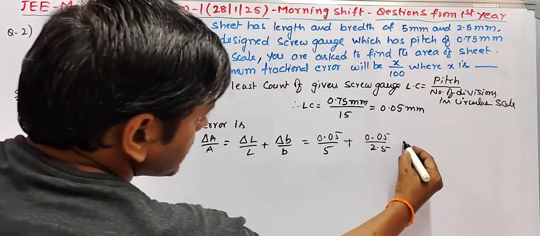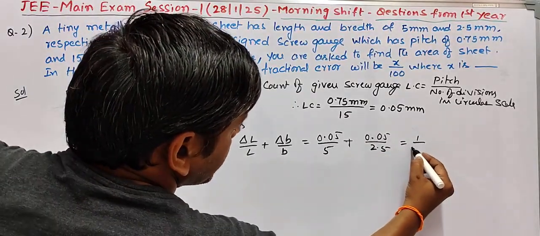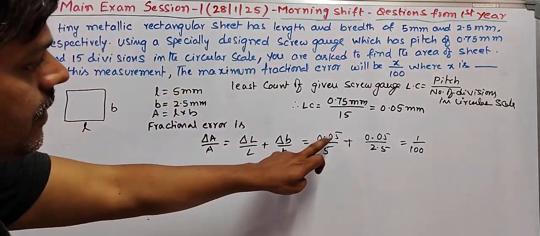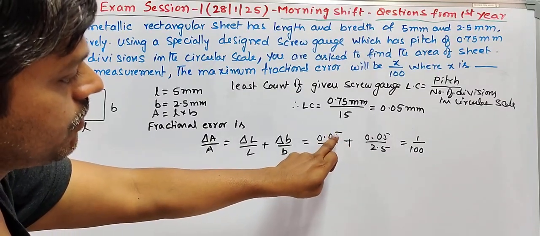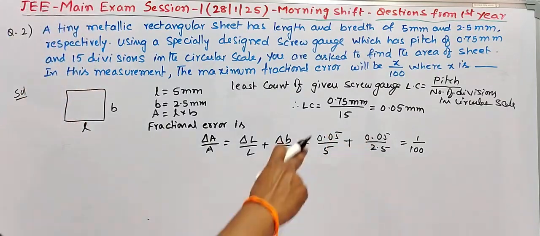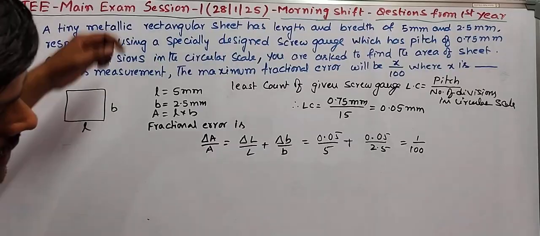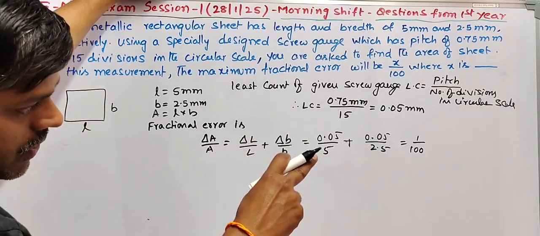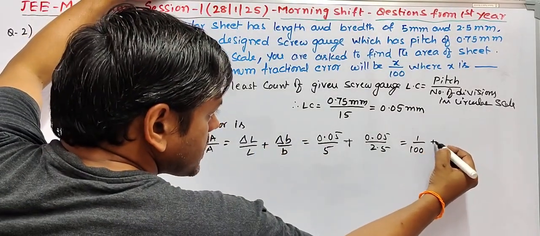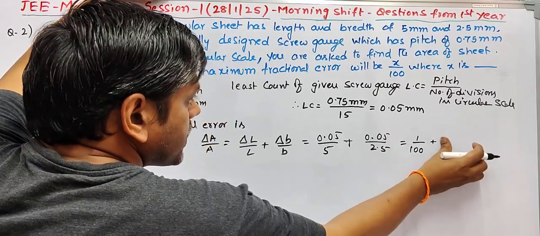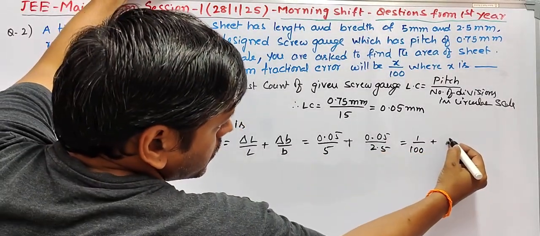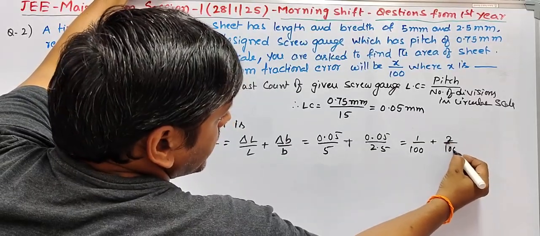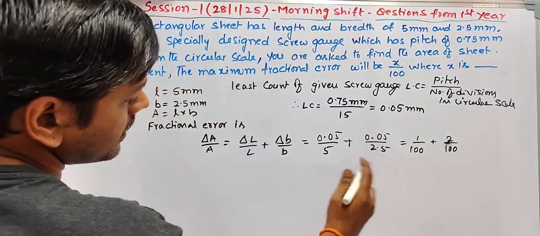So you get 5 into 10 power minus 2 by 5, 5 cancels, 10 power minus 2 means 1 by 100. The other term is 5 into 10 power minus 2 by 2.5, which is 2 by 100. While calculating it, that means what?